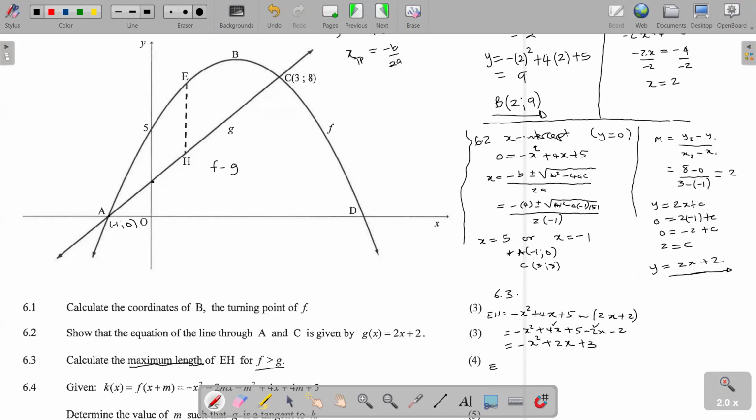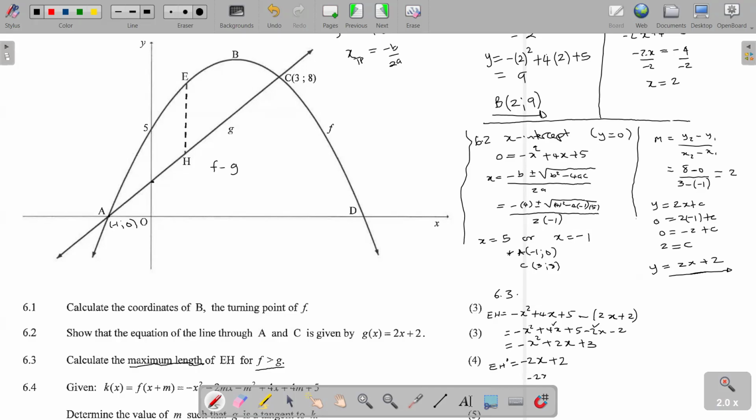So it's EH prime. That will be equal to negative, then you bring down the 2, we get x to the power 2 minus 1, which gives us 1, then plus 2. And we have to know that at maximum, this derivative, which is EH prime, must be equal to 0.